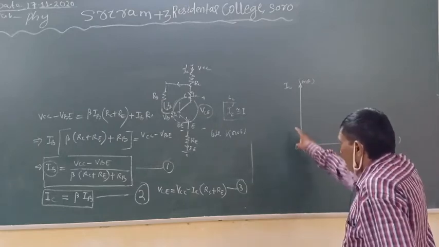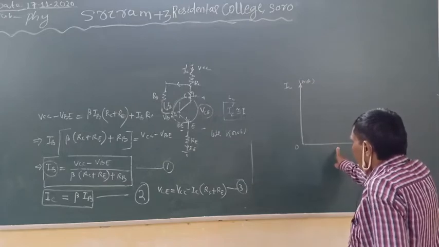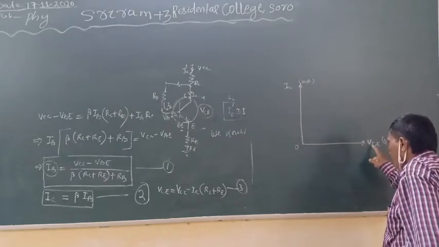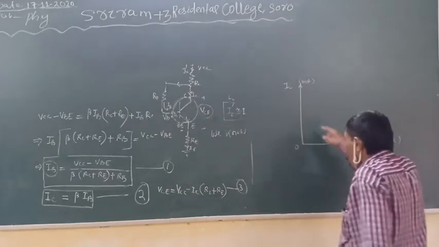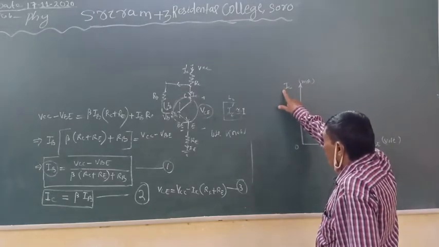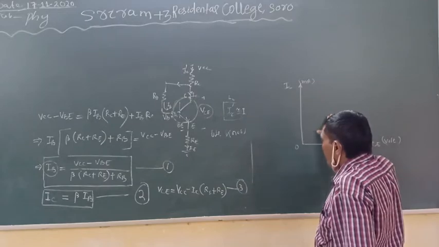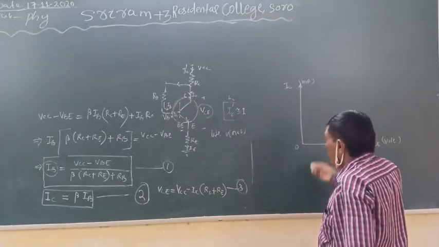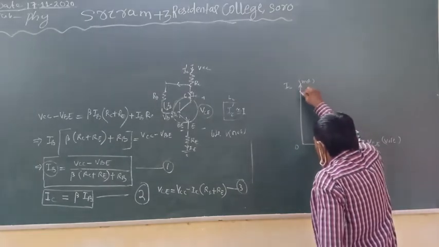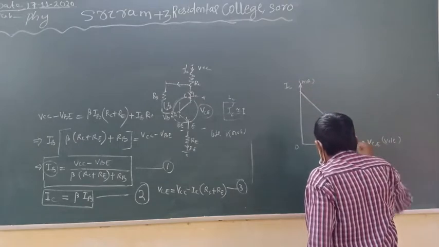This graphical representation of the collector emitter voltage and the collector current is known as the DC load line.